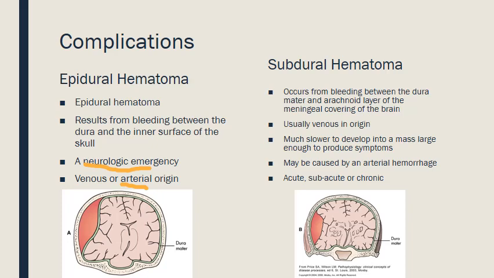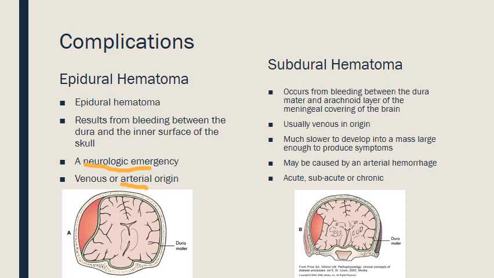Subdural hematoma can be acute, subacute, or chronic. So it can be anywhere from our little old lady on warfarin that has a fall and 6 weeks later is having signs of head injury, or our sports injury patient on the field of play. It occurs from bleeding between the dura mater and the arachnoid layer.